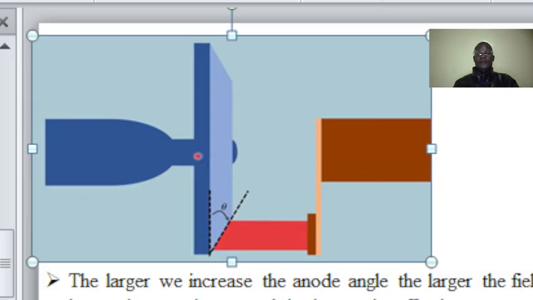Now, the heat normally is being removed by some mechanism to ensure that the anode integrity is maintained, and the means of heat transfer that are used are radiation, conduction, and even convection.